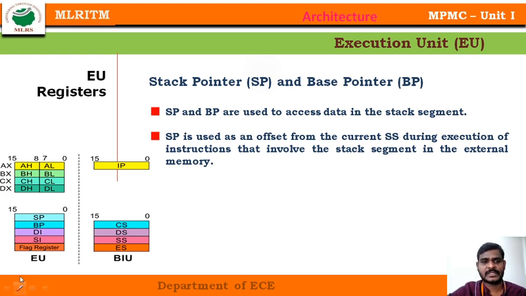What does this mean? As in the previous example, for the code segment the instruction pointer is used as an offset address, whereas for the stack segment the stack pointer is used as an offset address.